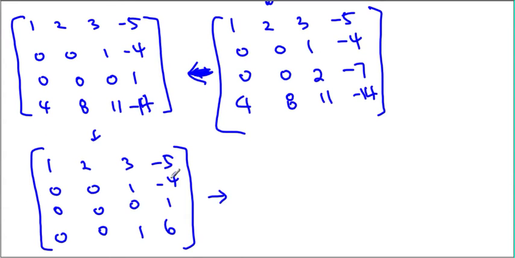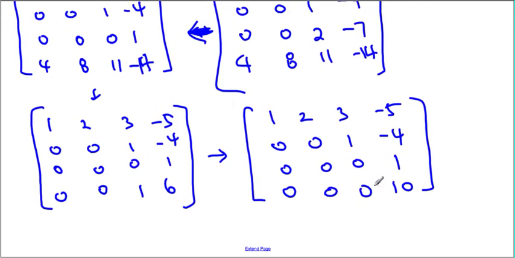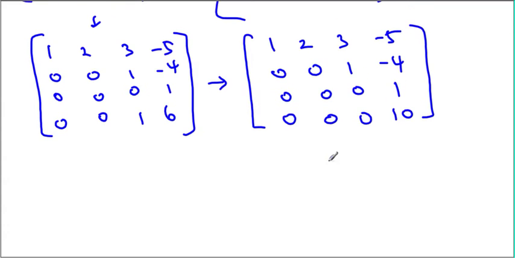And then when I subtract this one minus this one, 1, 2, 3, -5, 0, 0, 1, -4, 0, 0, 0, 1. When I subtract, the 1s cancel out. I'm going to have 0, 0, 0, and 6 minus -4 becomes 10. Then, here once again you can see that this one can be divided by 10.